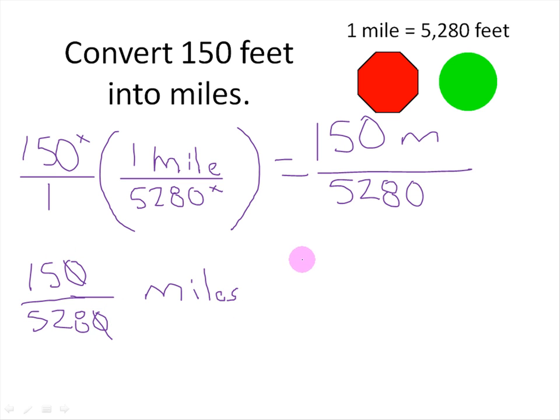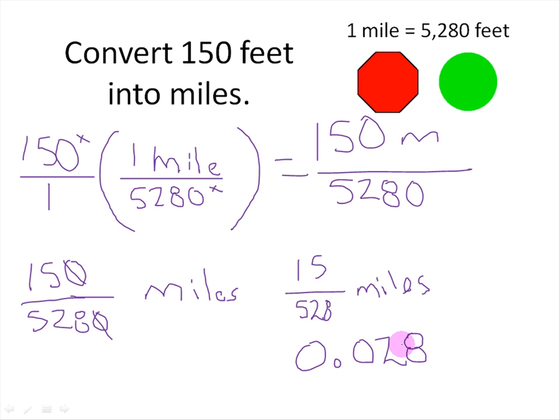And so now I have 15 over 528 miles. And if I did the top in, bottom out on this puppy here, I would wind up with 0.0284 miles. So 150 feet in miles is 0.0284, correct to 4 decimal places.